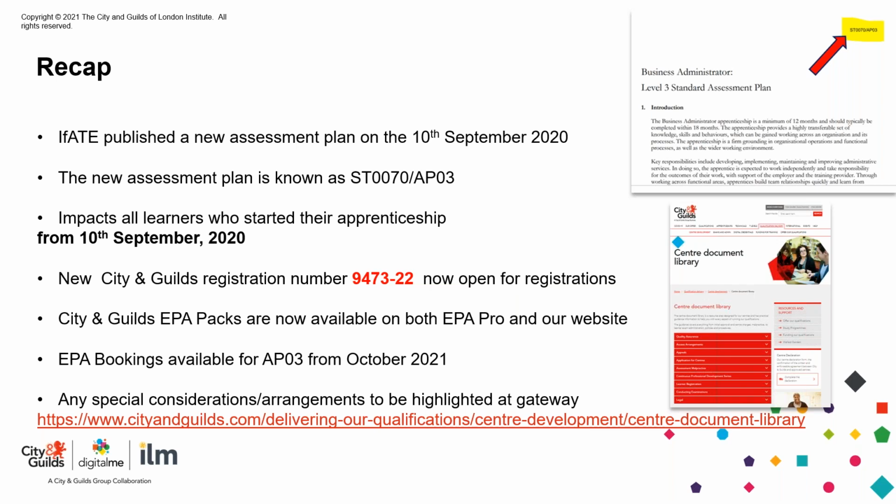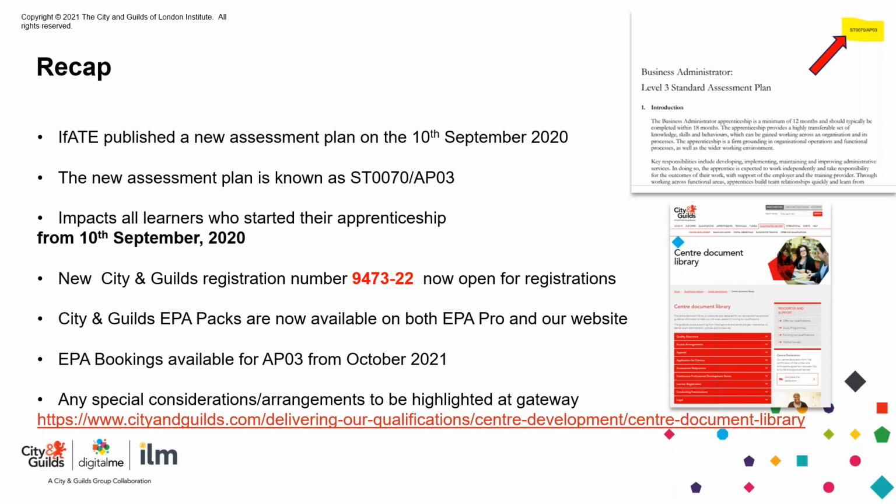So we are now open for registrations for AP03. For those from the 10th of September onwards, they should be registered on 947322. We are pleased to announce also that our City and Guilds EPA packs are now available for 947322 and can be found on both our EPA Pro platform and our City and Guilds website.